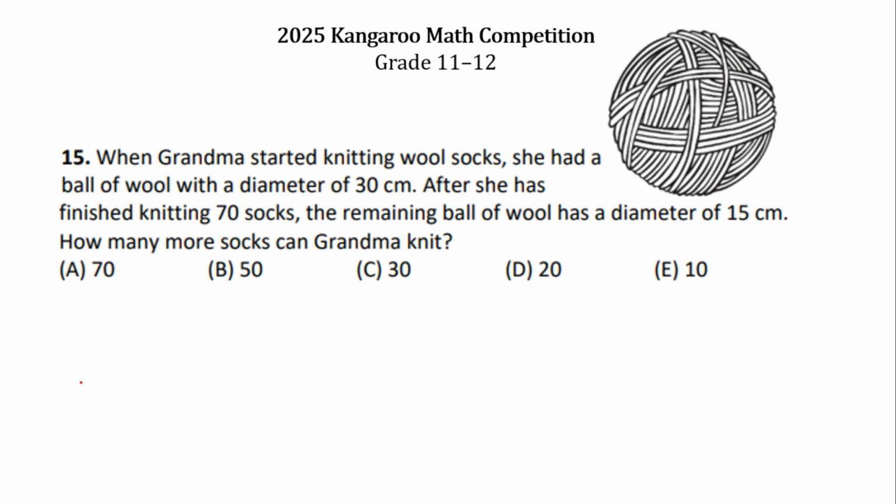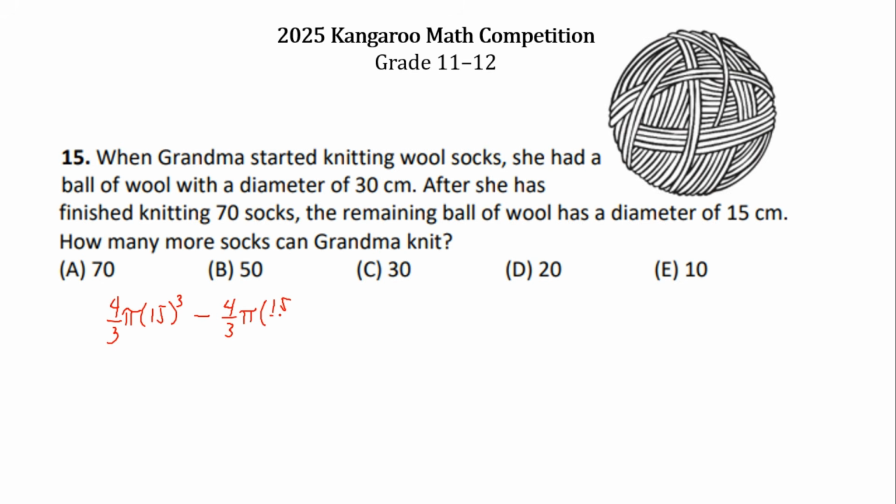So we have 4/3 pi 15 cubed, the volume of the original ball of wool, minus 4/3 pi times 15 over 2 cubed, the volume of the remaining wool.